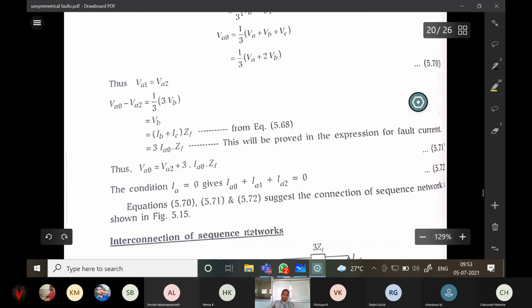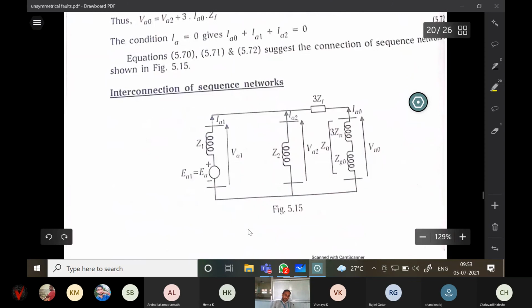And finally, in the interconnection of sequence networks, in the place of EA1 write VTH, and in the place of Z1 write Z1TH with this impedance box. Similarly, Z2TH and Z0TH.